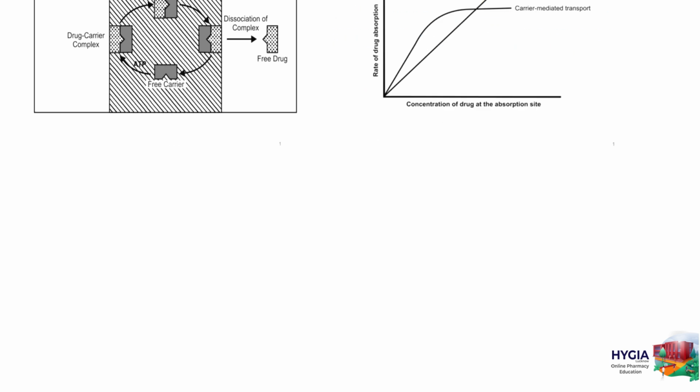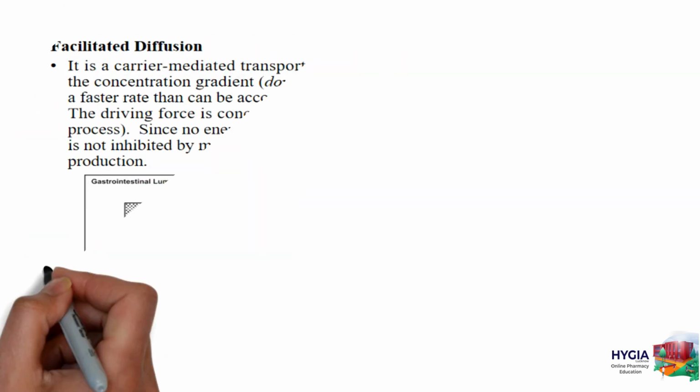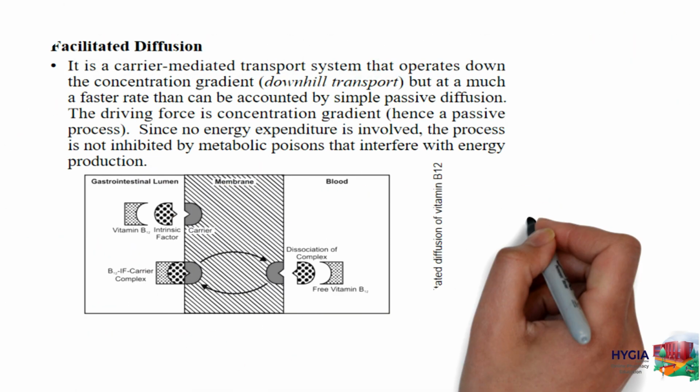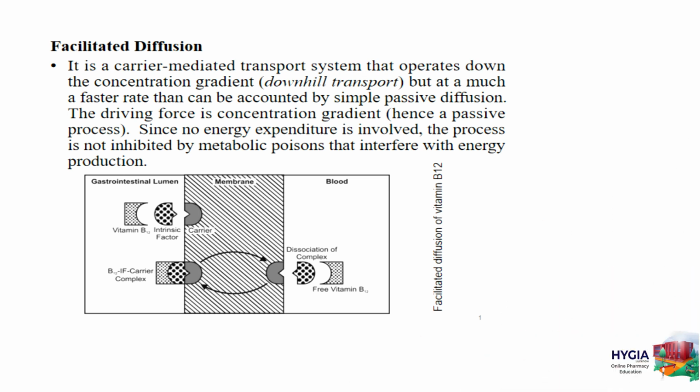In carrier mediated transport mechanism, one more term is facilitated diffusion. Facilitated diffusion, unlike passive diffusion, is a downhill process, which means the drug can move from higher concentration to lower concentration only. How does this happen? This happens with the help of intrinsic factor.